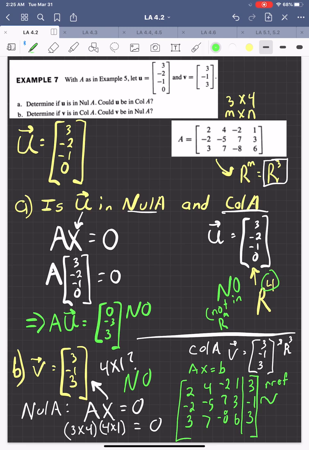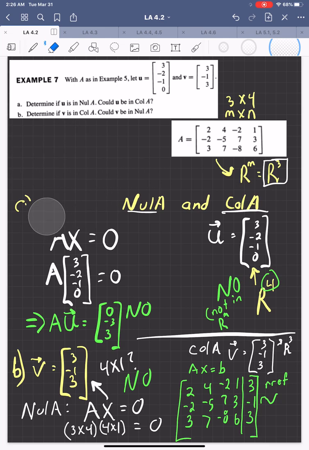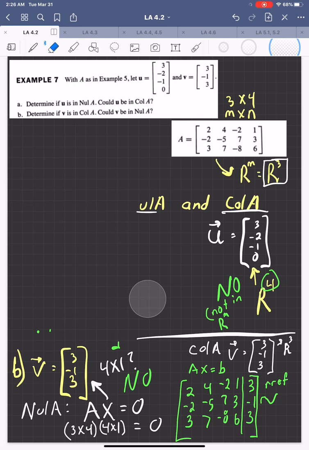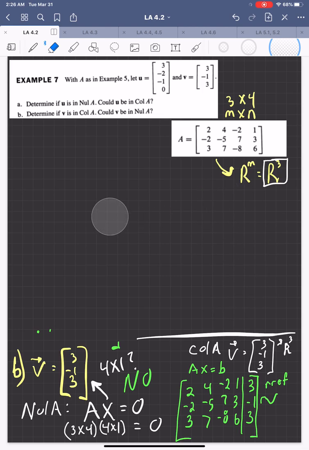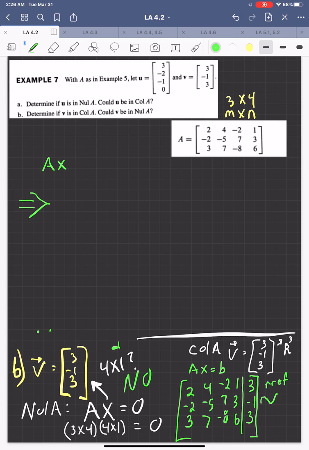So let me erase because I've run out of room here. So if you take your AX equals B, in this case, because we're dealing with column spaces, vector V is being plugged in here.